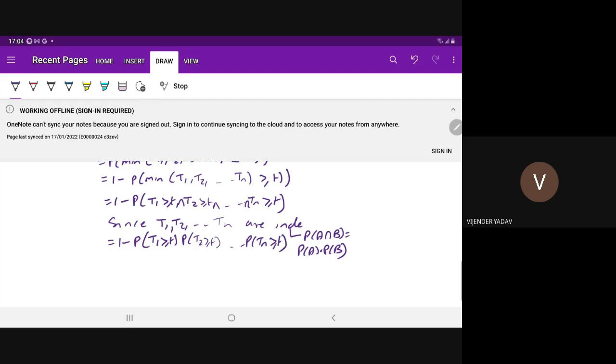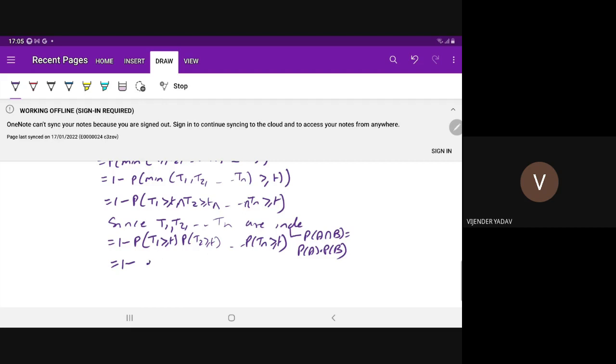And it is given that all the Ti's follow the exponential distribution with parameter mu i. So this will become 1 minus, now what is the value of P(T1 greater than t)? It is the 1 minus F of t corresponding to variable T1.